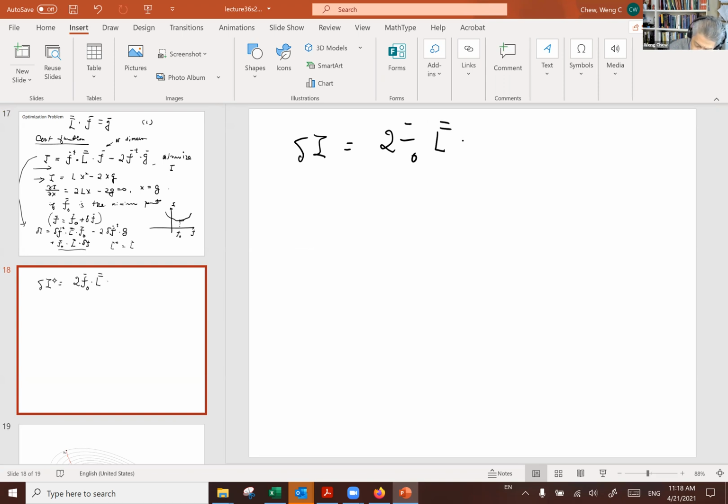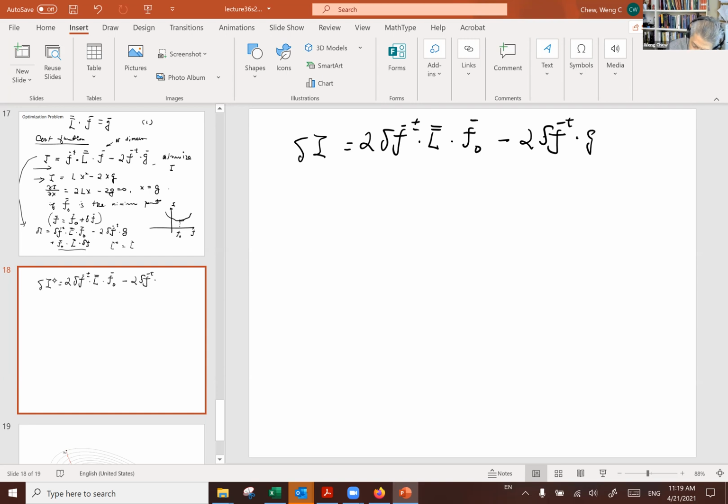Let me see, the two terms are similar, so let me pick the first term. Okay, the first term is delta f transpose dot L dot f0, and there are two of them, so I just put a factor of 2 in front.